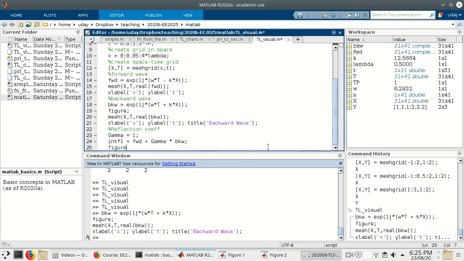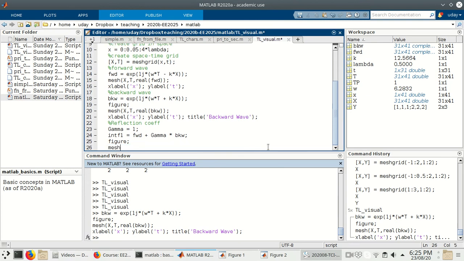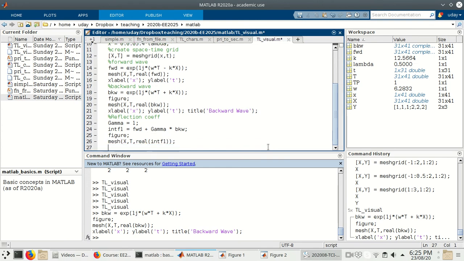So again, let's create a new figure, and then I want to do x, t, and look at the real part of this new wave. Let's write this down over here, something similar. Copy paste this. This won't be backward wave, but this will be interference 1.